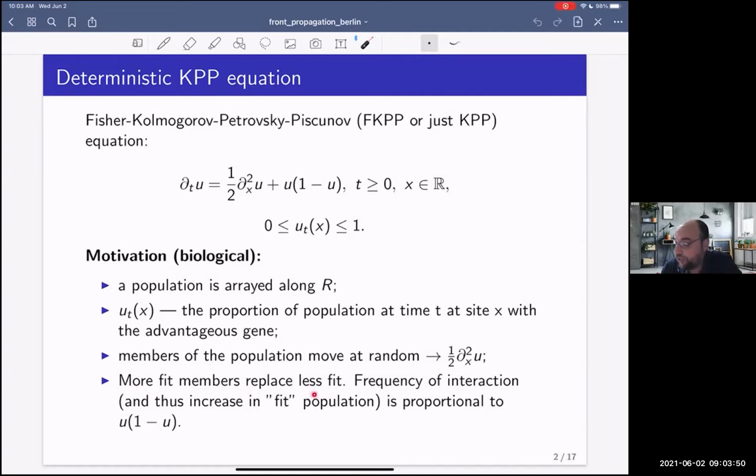And more fit members of the population replace less fit, and the frequency of interaction is proportional to the product of the number of members of the population which are fit and unfit, which gives rise to this term in the equation. Okay, the number of fit population is increasing.